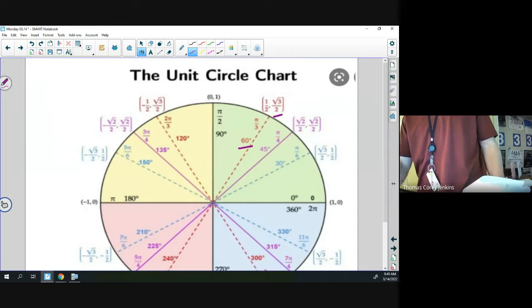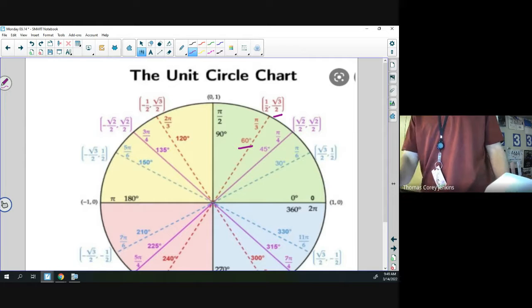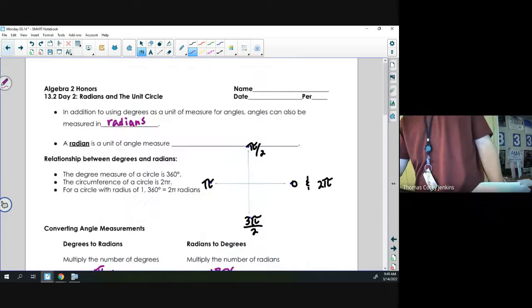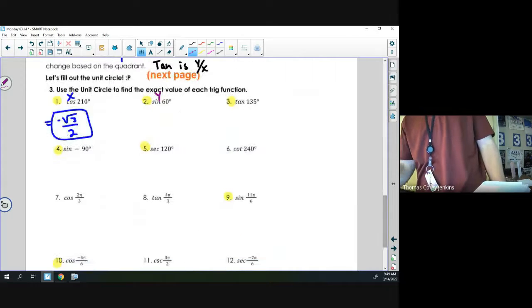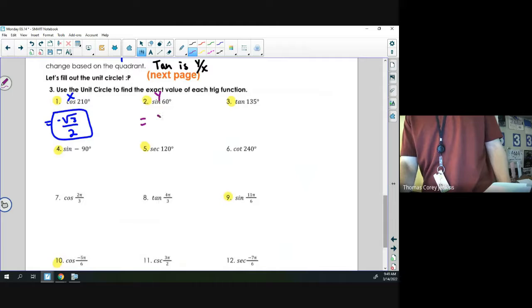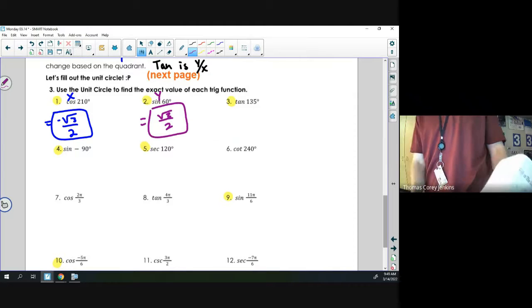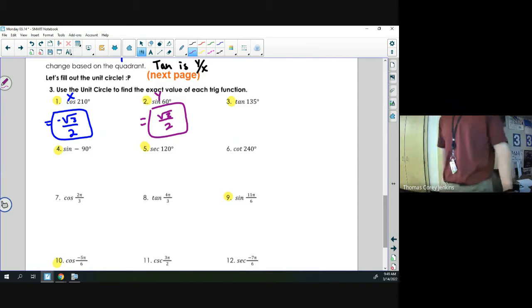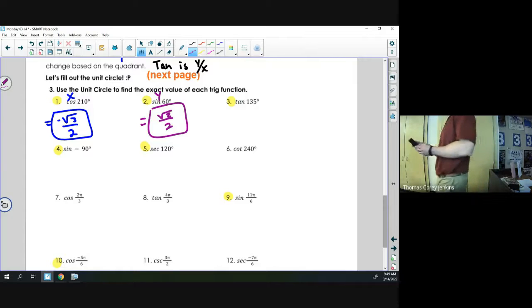We know we want the y value, so square root of 3 over 2. All right, and why don't you find tangent of 135 real quick? Remember what we said, that was y over x.